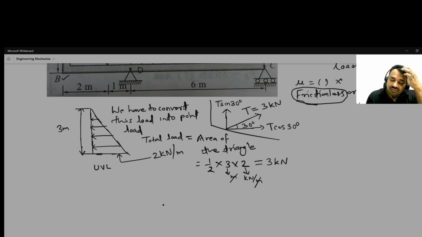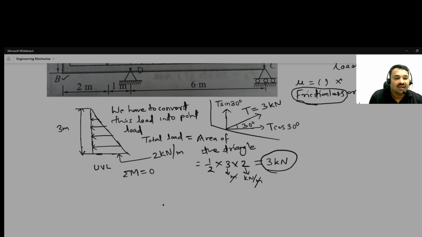Also, to satisfy the criteria of summation of moment, we need to know where this load is acting in this triangle.